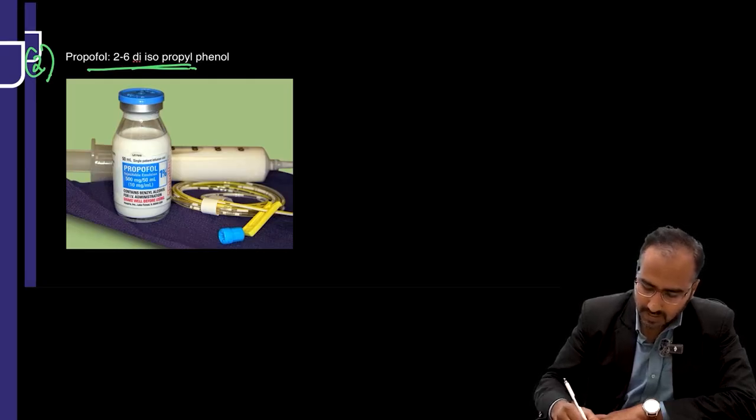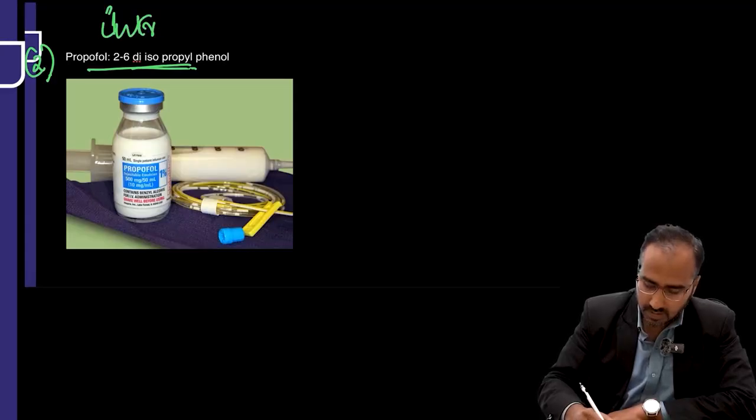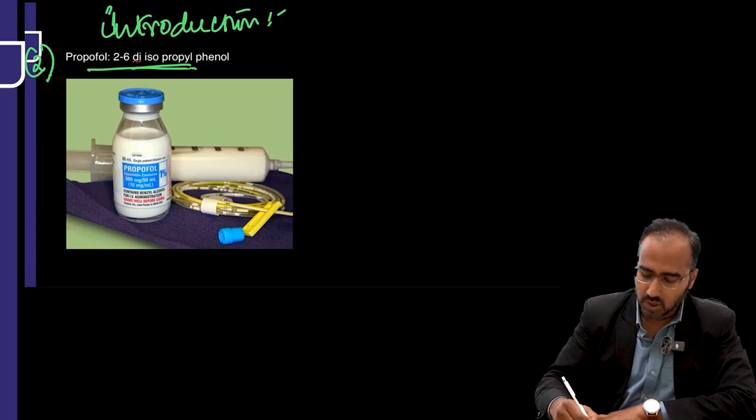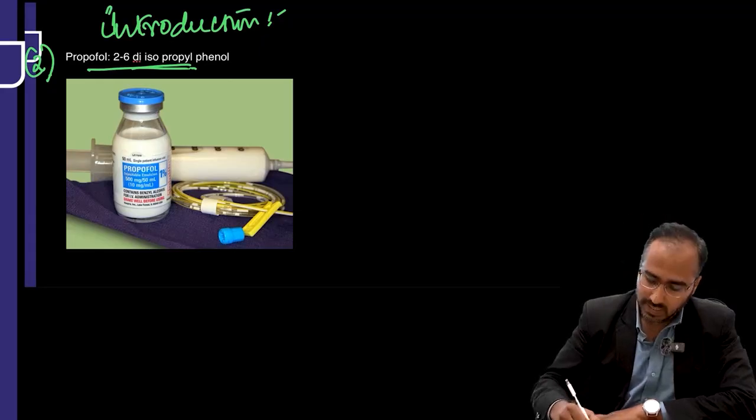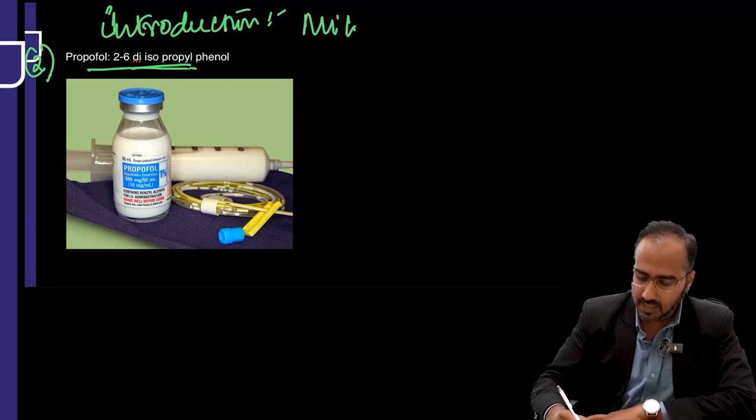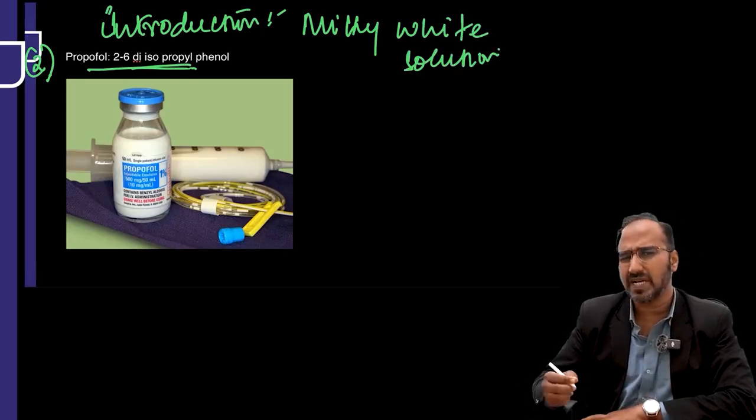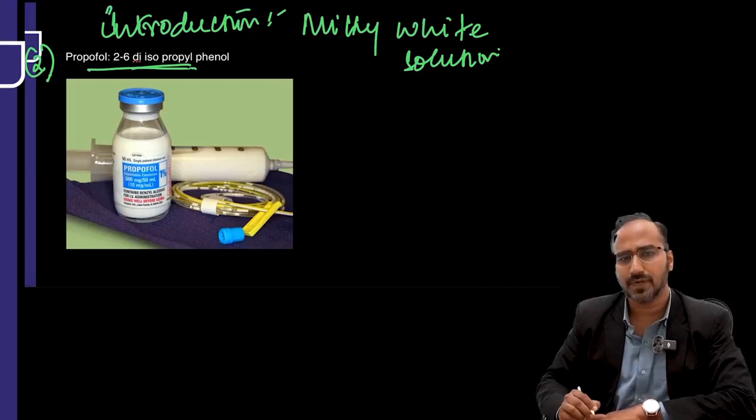We have to discuss the introduction of propofol. So propofol is a milky white solution. Apart from propofol, etomidate is also a milky white solution that is used for induction.